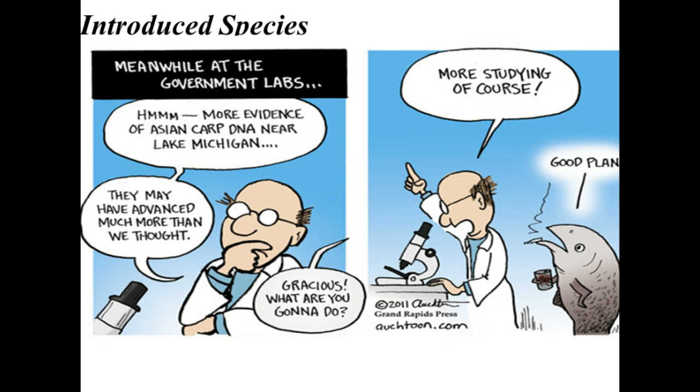Also write that in your notes. And also write that introduced species that gain a foothold in a new habitat usually disrupt their adopted community. A perfect example of that is the zebra mussels in the Great Lakes. So make sure you have those explanations and that example in your notes.